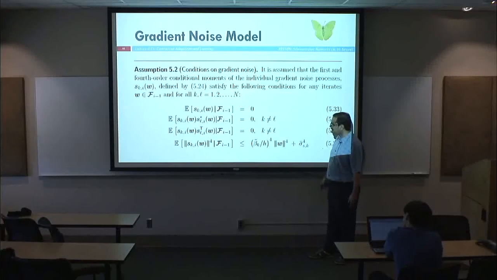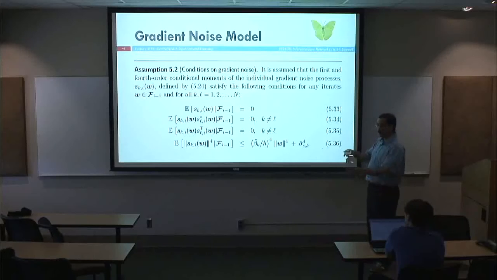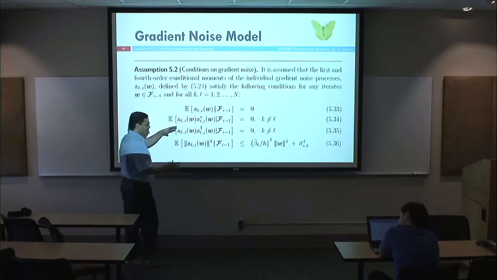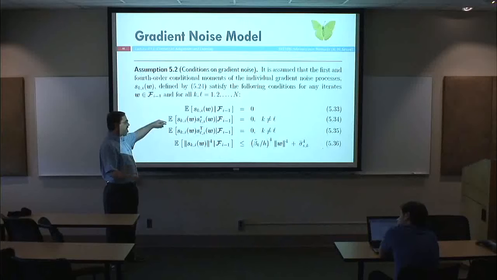The two conditions that I'm adding, and you can do without them, as I'm going to explain at the end, but with these two conditions the analysis becomes simpler, is that the gradient noises across the agents I'm going to assume that they are uncorrelated. So across the agents, that's the second condition, they are uncorrelated.